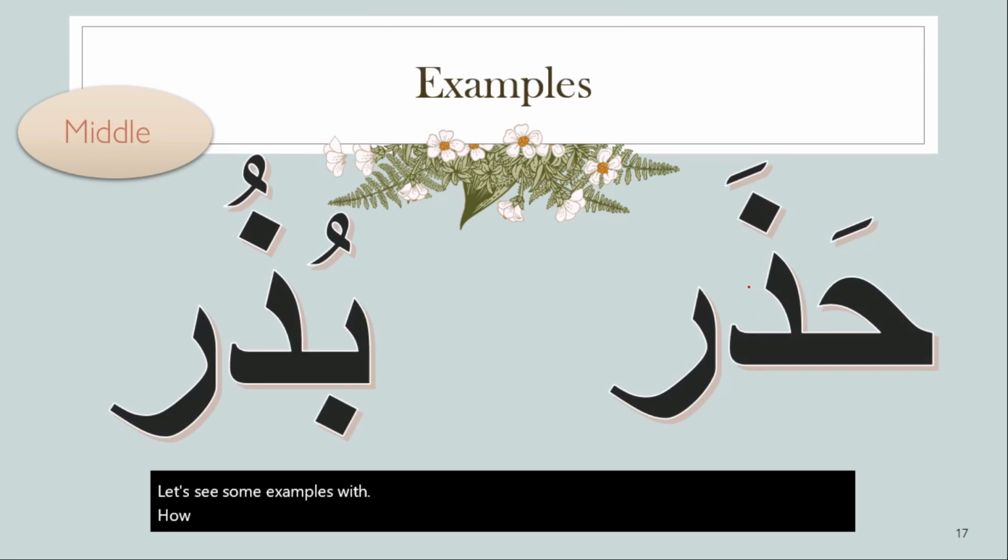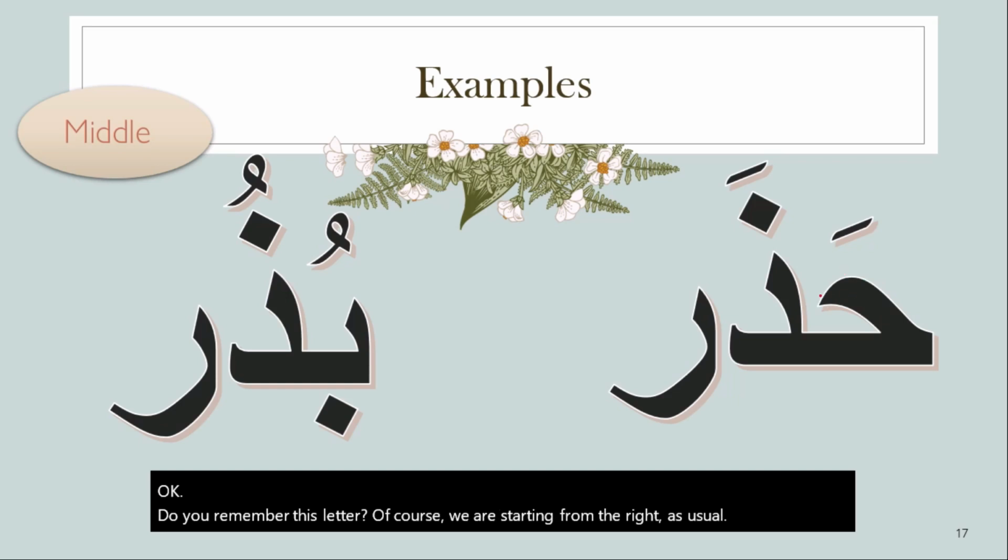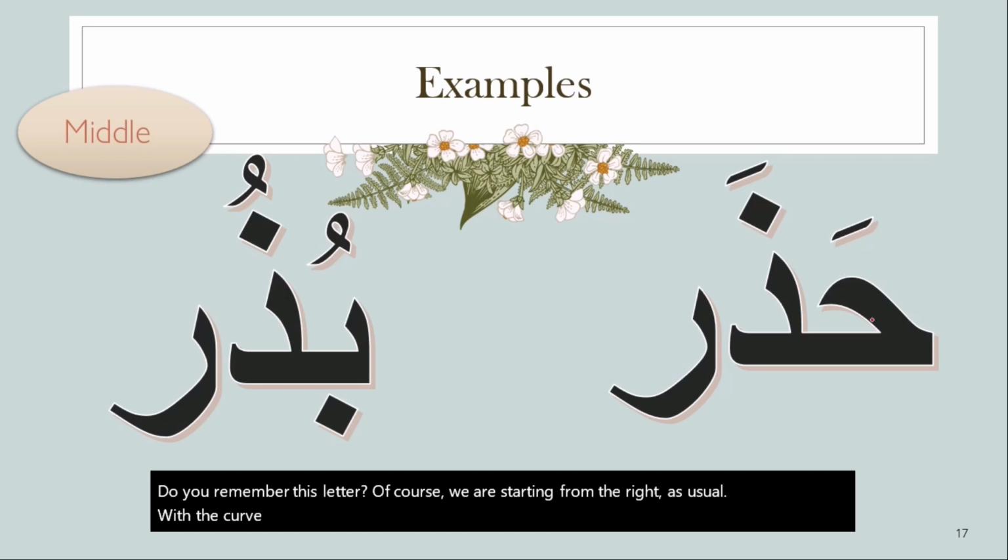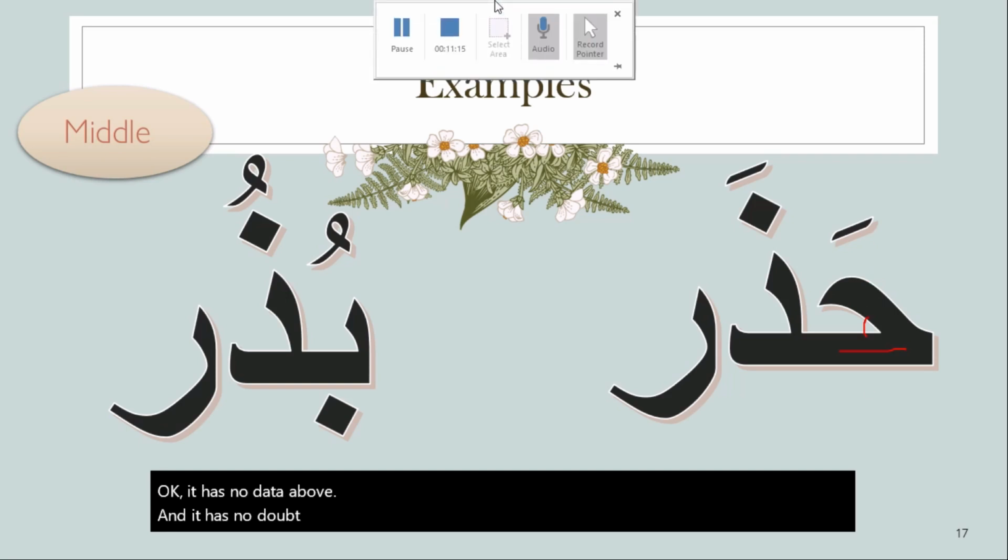Okay, let's see some examples with حرف الذال in the middle. Do you remember this letter? Of course, we are starting from the right as usual. The curve with the acute angle with the horizontal line is one of the triplets, jim, ha, and kha. It has no dot above and no dot below, so this is ha.